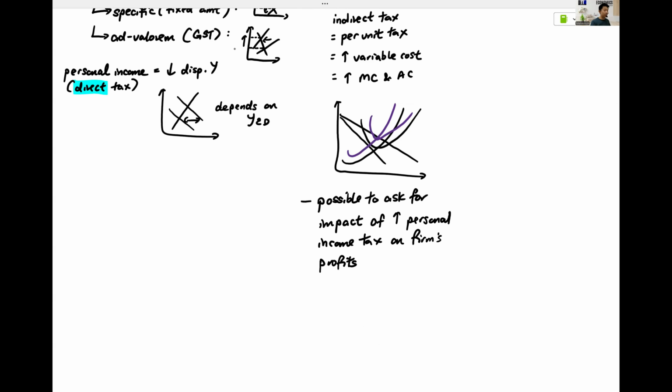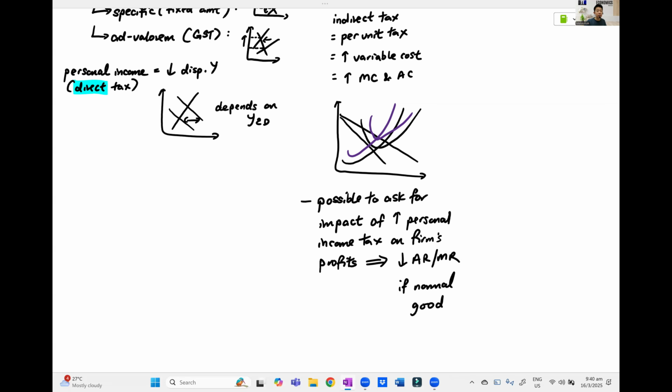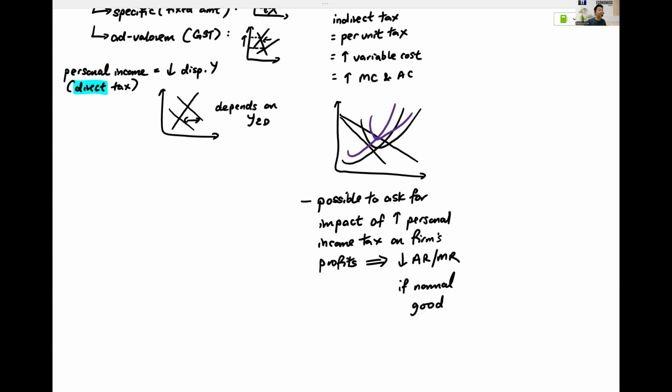I have not seen it, but it's possible because what you need to do is to reflect this as a fall in AR, fall in MR, if it's a normal good. Fall in AR, fall in MR, is it a parallel or pivotal shift here? Well, I'm not going to test you on it, but if you know, this is not a pivotal shift, it's a parallel shift.